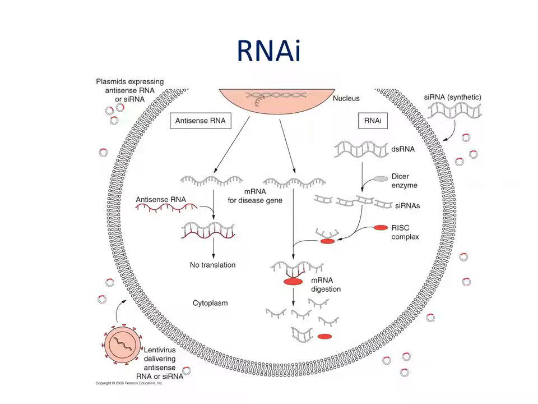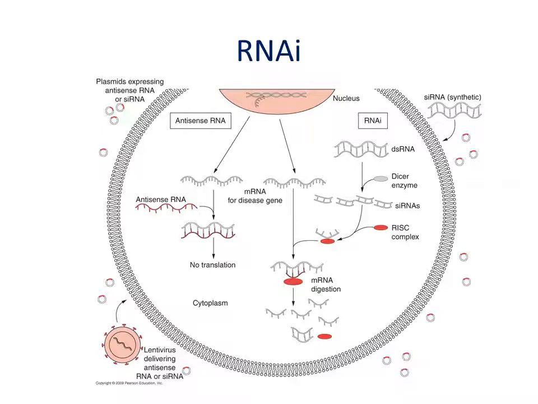With RNAi, it's a little bit more complicated. So what we can do is design a short region that is homologous to the DNA that is being overexpressed. That, upon entry into the cell, will get destroyed by the dicer complex. So then at this point we have little short regions of double-stranded RNA. This will then bind to something called the RISC complex. And at this point we just have a short region of single-stranded RNA.